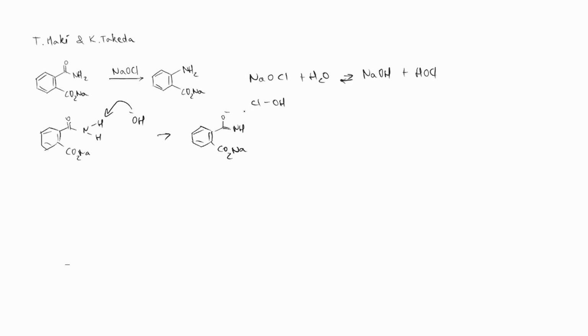The electrophilic source of halogen in this case is hypochlorous acid. A double bond between central carbon and oxygen is remade, and chlorine is substituted into the amide.